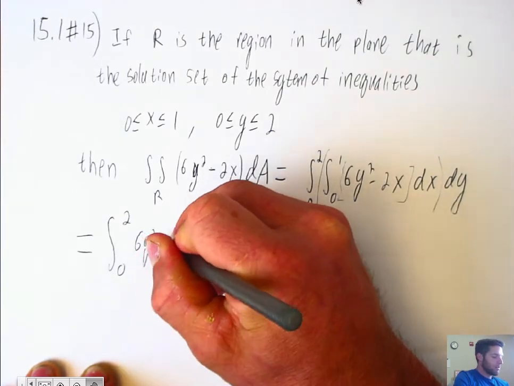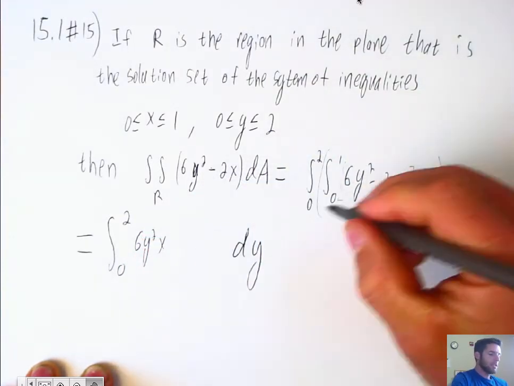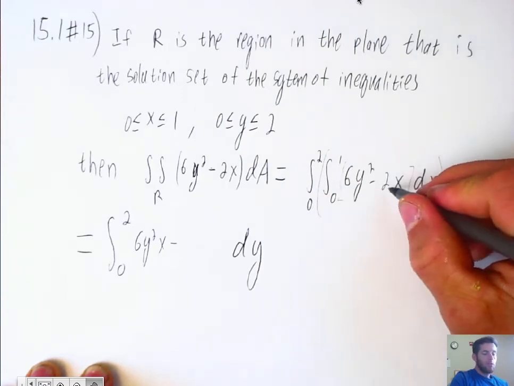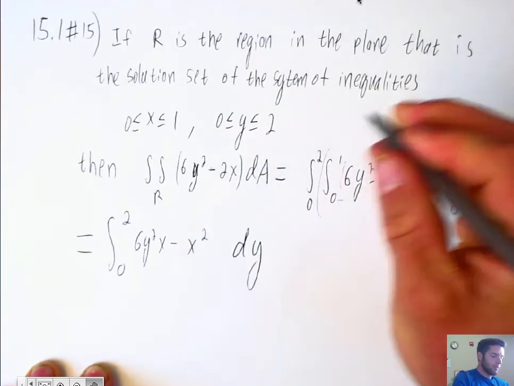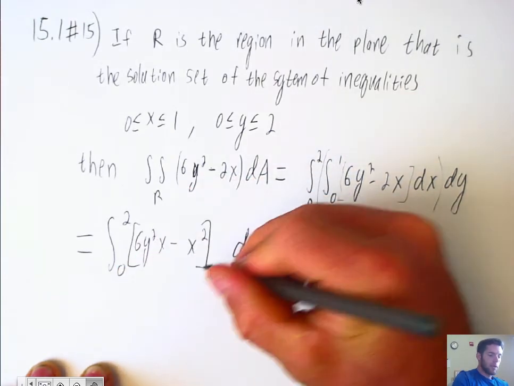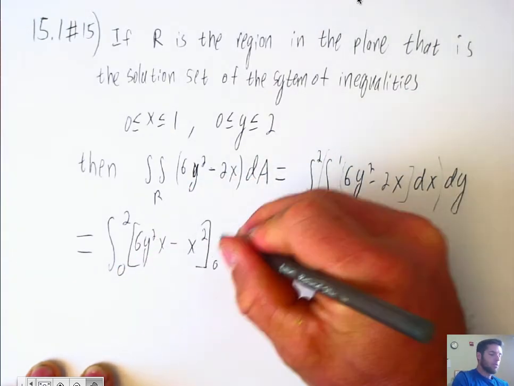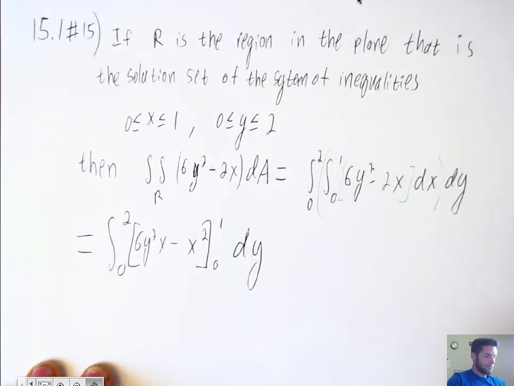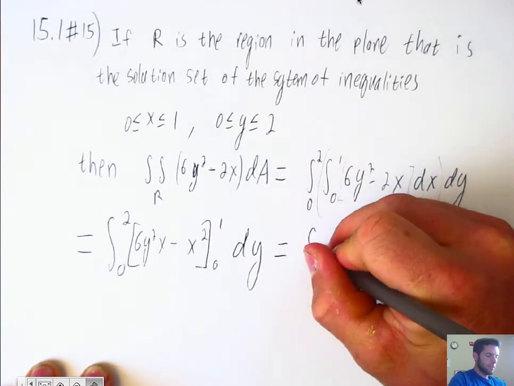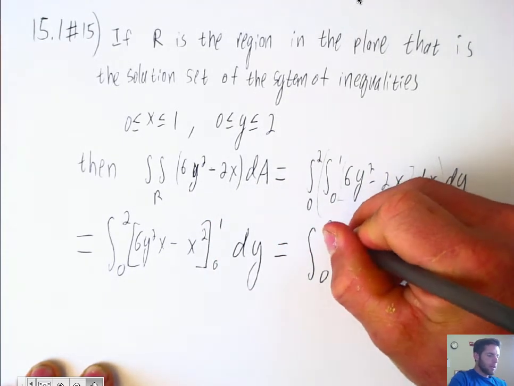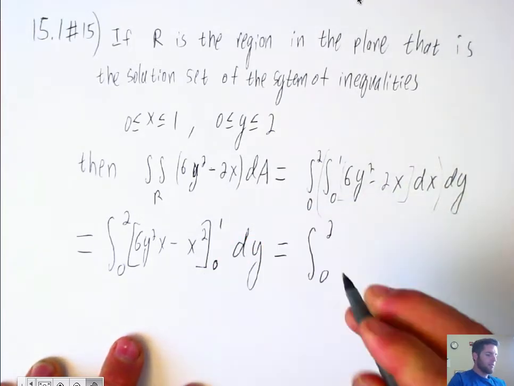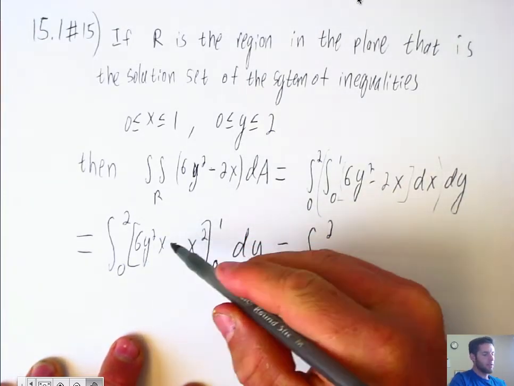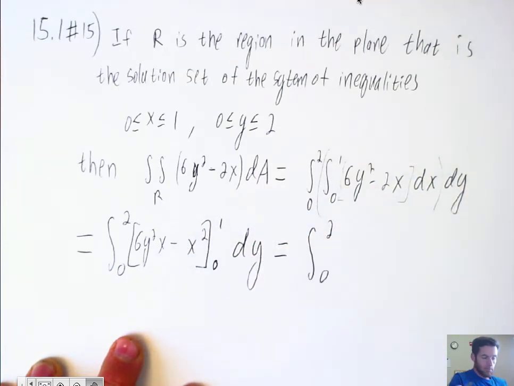6y squared times the antiderivative of x. All right, minus 2x, antiderivative with respect to x, is x squared. Okay, that evaluated between 0 and 1. I can see that when I evaluate either of these two terms at 0, they just vanish.